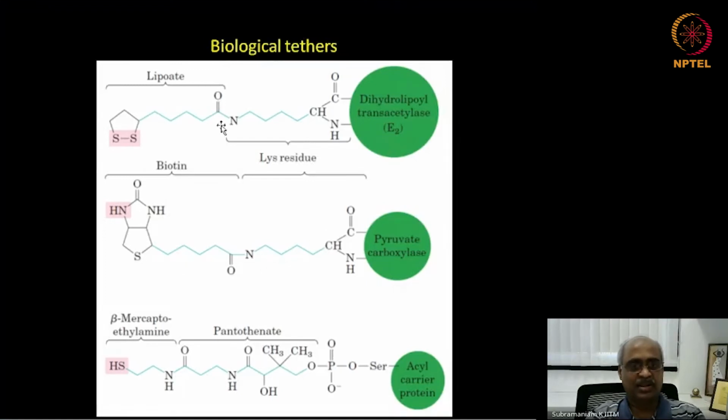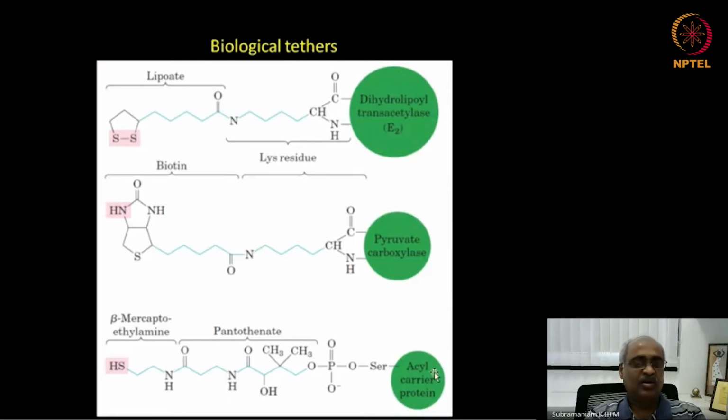So this is lipoyl lysine, this is biotinyl lysine. Then pantothenic acid, along with this mercaptoethylamine, adding a couple of more carbon and this nitrogen and extending this chain. So these molecules, we will encounter in this tethering role in fatty acid biosynthesis.